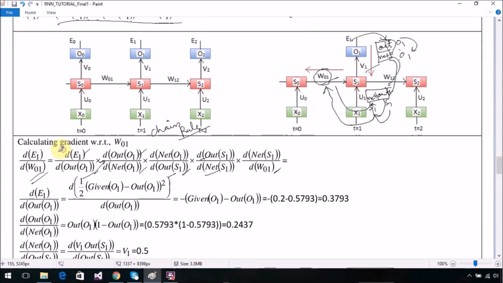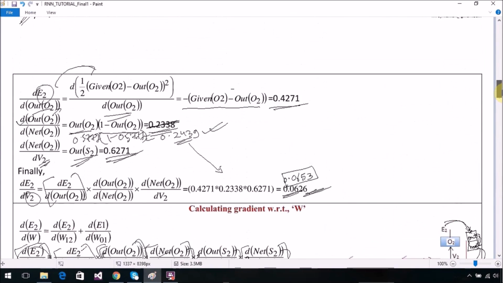So we will take each of the derivatives separately and calculate their value. So in our case, E1 is already calculated here.